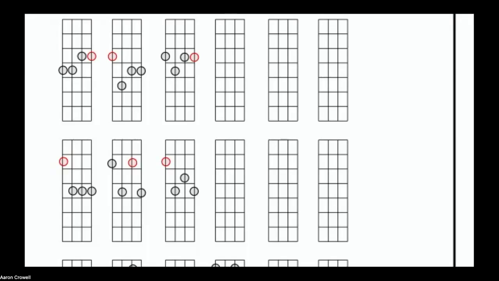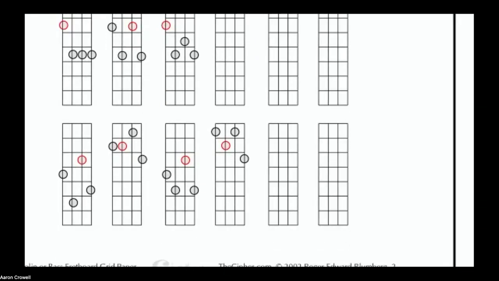Right. Everything gets flat but the root. Root's on the 5th fret. There you go. Root's on the 8th fret.